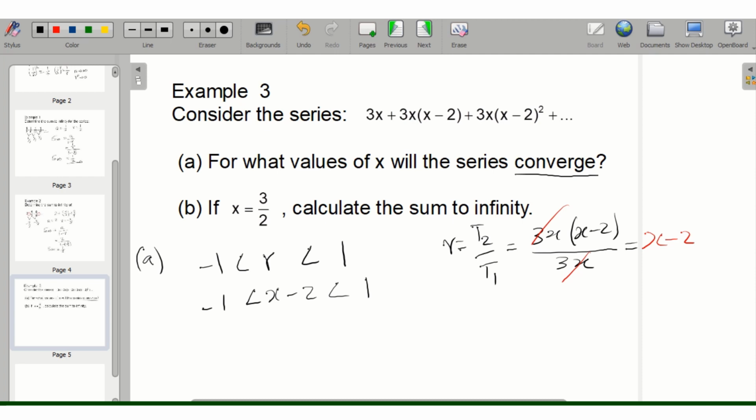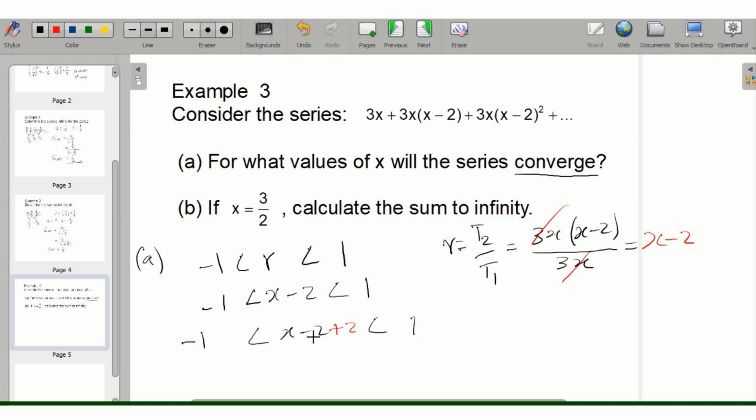Now, we are not asked to solve for x minus 2. We are asked to solve for x. So we need to say minus 1 is less than x minus 2, which is less than 1. In order to get rid of this 2, we must add a 2.